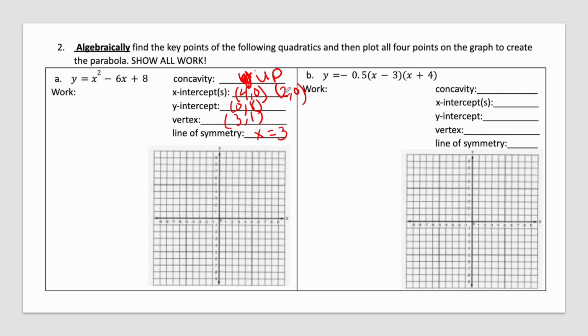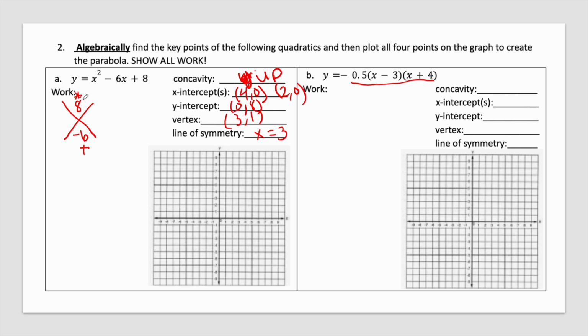To find our x-intercepts, it either needs to be in factored form like this, or I need to factor it. So going back to factoring, we want to find what multiplies to 8 and adds up to -6. I believe you guys have a little factor sheet.